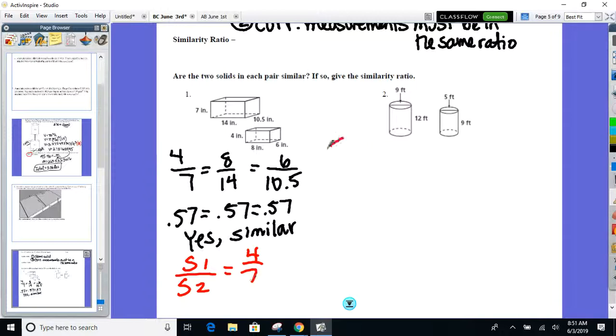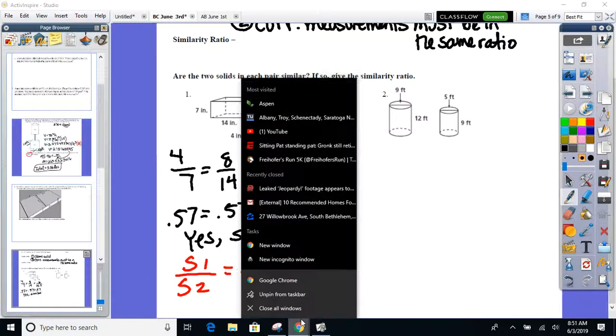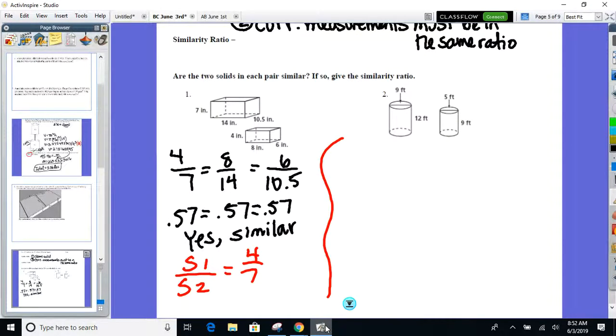All right, what about the cylinders? Well, they're both cylinders, so that takes care of that part. But are corresponding measurements in the same ratio? Give me a pair of corresponding measurements. 5 to 9. Is that in the same ratio as 9 to 12?